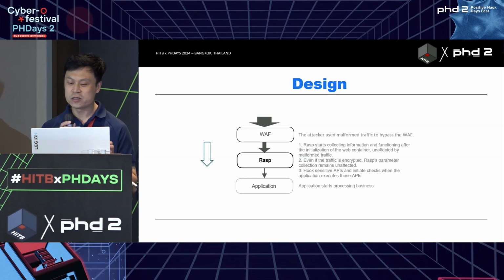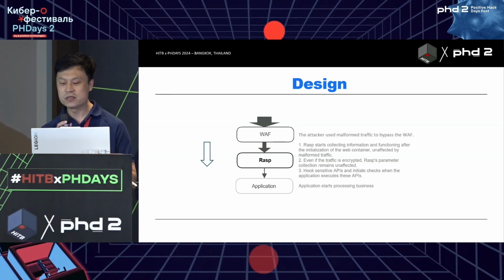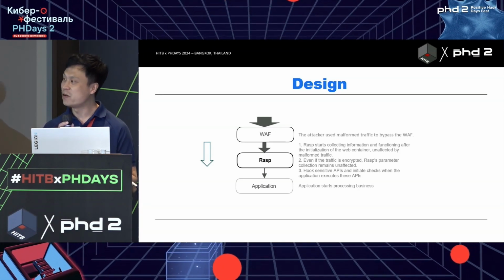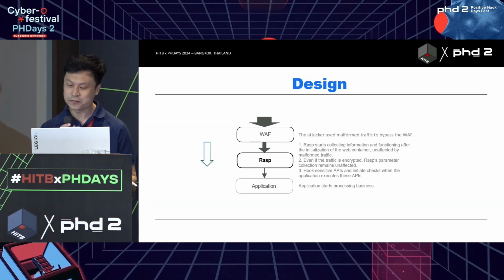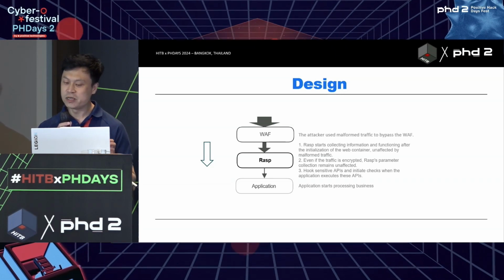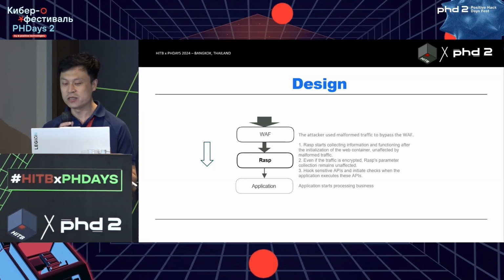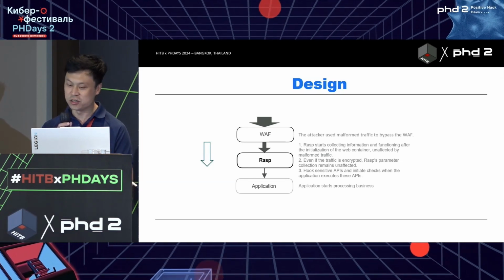First, the RASP program starts collecting information and functions after the initialization of the web container, so it's unaffected by malformed traffic. Even if the traffic is encrypted, RASP collection remains unaffected.